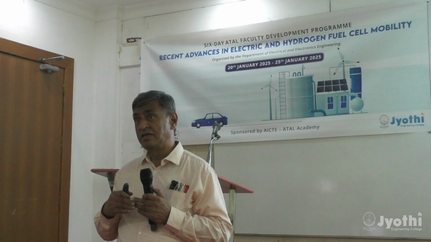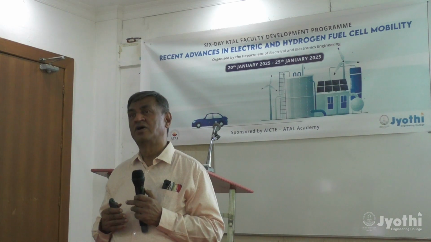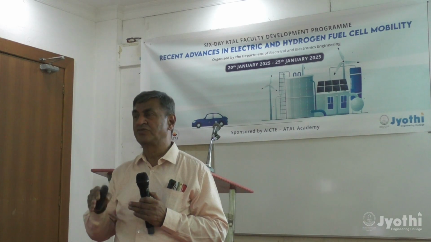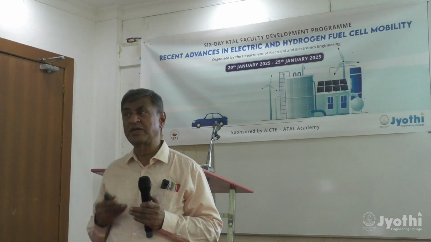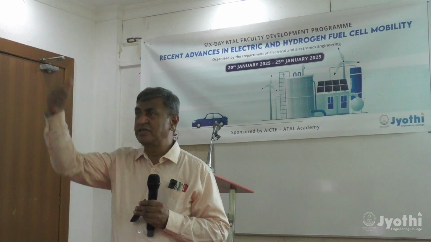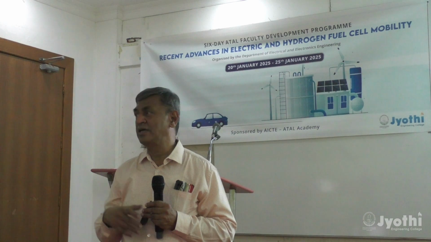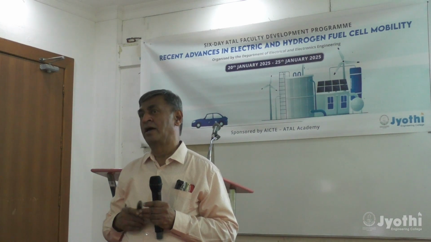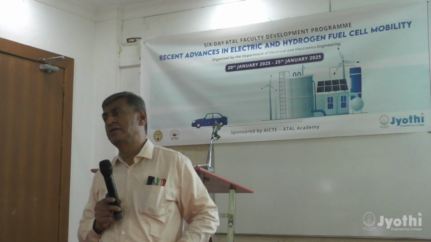are all somewhat indirect methods of splitting, in the sense that you are providing energy in the form of electricity, and that electricity may come from somewhere. Now, the photocatalytic method is a direct method, in the sense that whatever energy you are getting from the sun, you directly use it on the electrode, and the material that you use must have photoactivity.